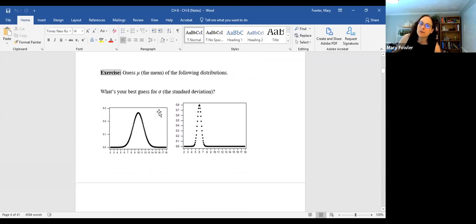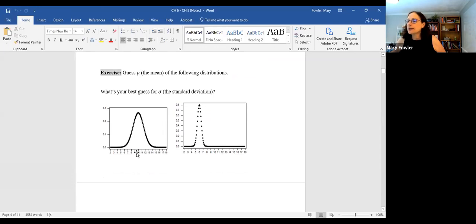If we look at these graphs here, this is not, by the way, a question that will come up on a quiz, but I just thought it might be a little fun to look at this. Looking at this curve, we want to guess the mean and we also want to guess the standard deviation. We see that the high point of this curve on the left is 10, so that lets me think that the mean is 10.